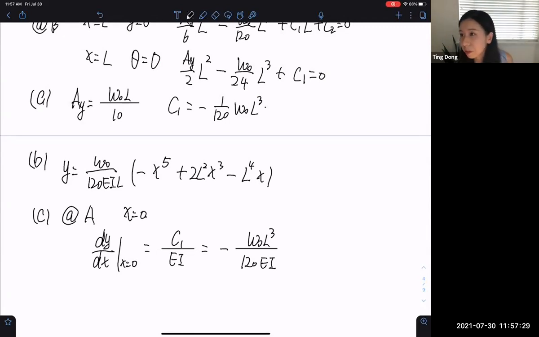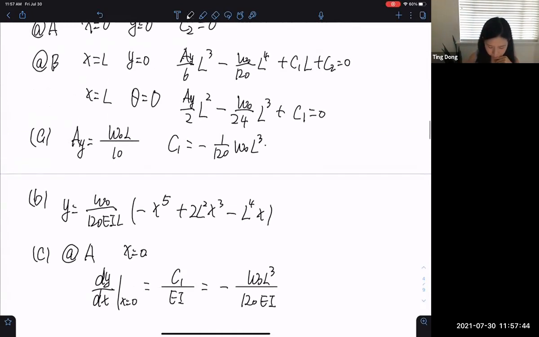Any question here? So the basic idea is the same.